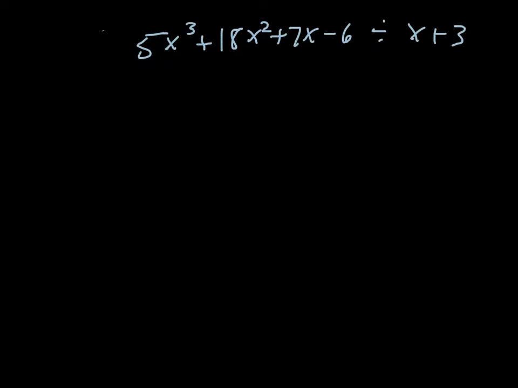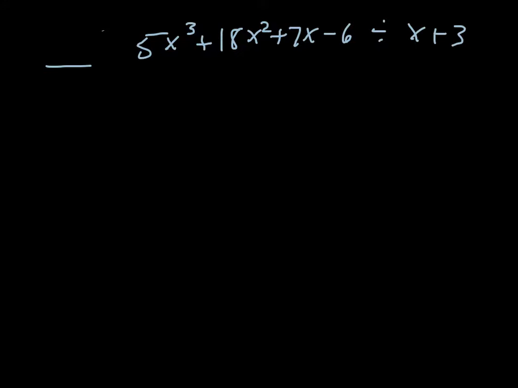So now we're going to go over synthetic division, which once again I said looks like this, with the number and then the other number. So let's say we have the problem 5x cubed plus 18x squared plus 7x minus 6 divided by x plus 3, which sounds really intimidating, but actually isn't.